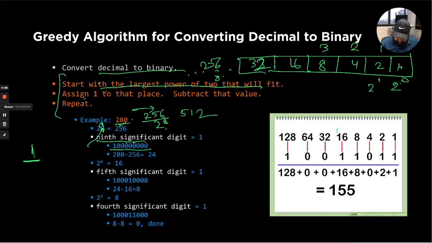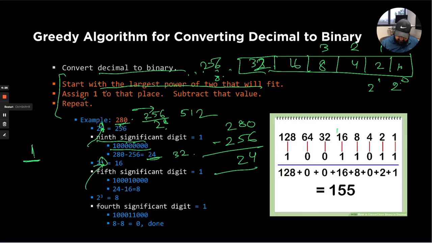Next, we deduct 256 from 280. We find that the remaining number is 24. We again do the same approach, which in this case is 2 to the power 4, which is 16, the closest one because the next one would be 32. And we know from this index that index plus 1, which is the 5th digit, would be 1 in our binary number.